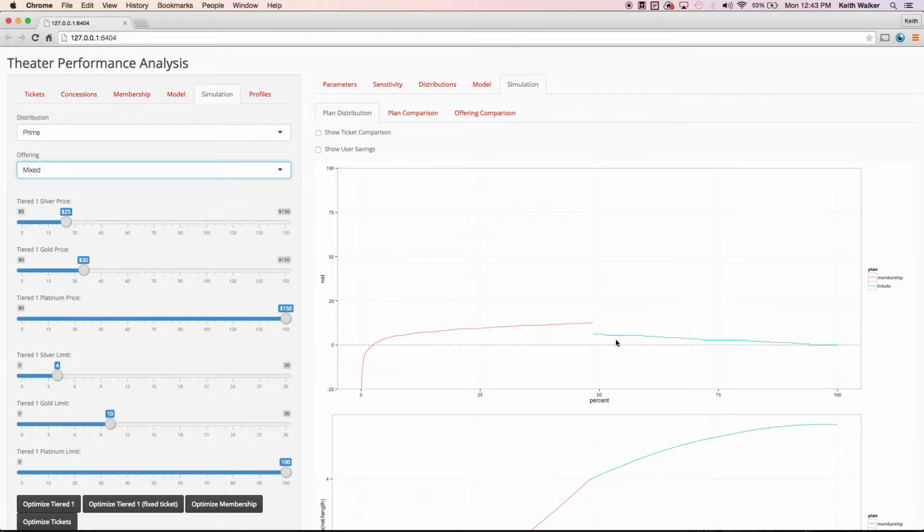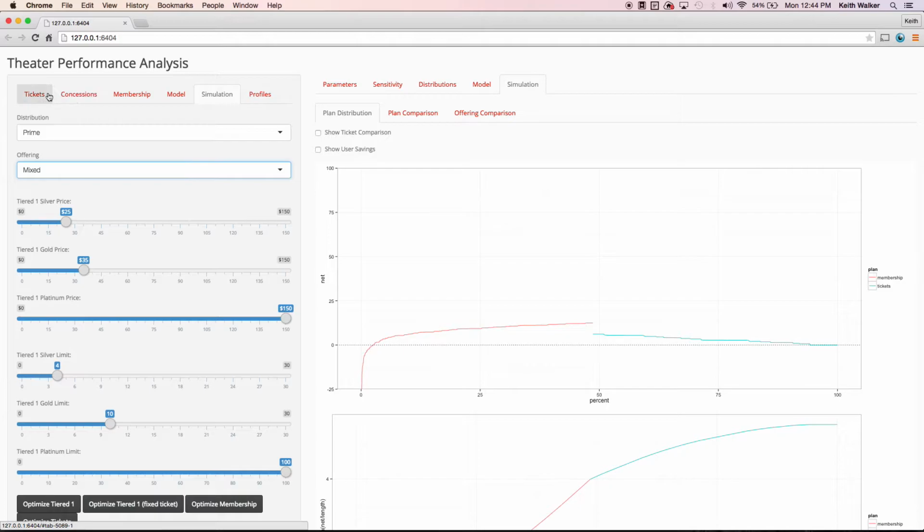Here's mixed, and you can see the difference between mixed and membership is just that with membership, you have this going up. In mixed, these people aren't incentivized to join the plan because of the pricing point of everything. And so this is all kind of smart, where the system's saying as soon as somebody would find it valuable to do unlimited, they'll join the unlimited plan.